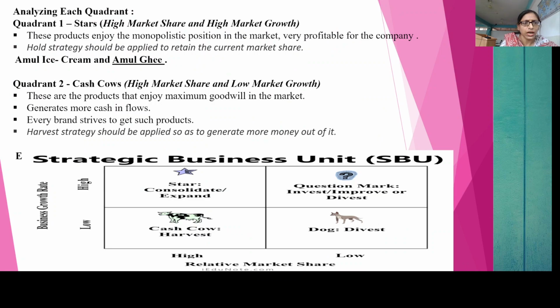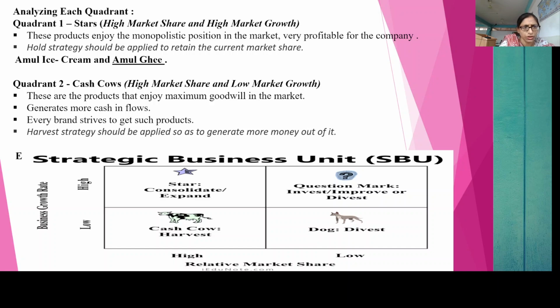For stars, as we know, high market share and high market growth, we can take the examples of Amul's ice cream or Amul ghee, which is popularly known. They are just leading, very well accepted by the customer.